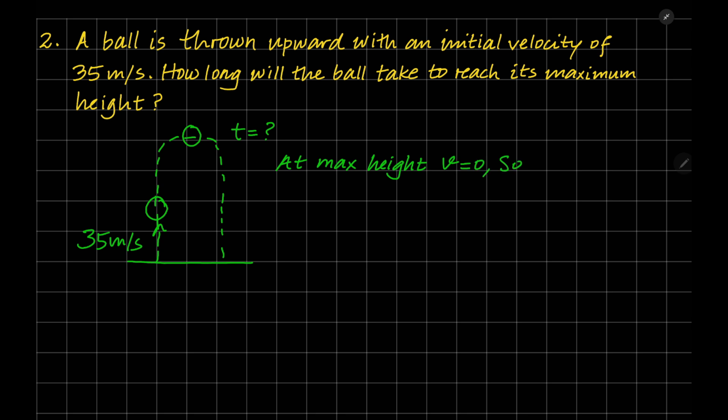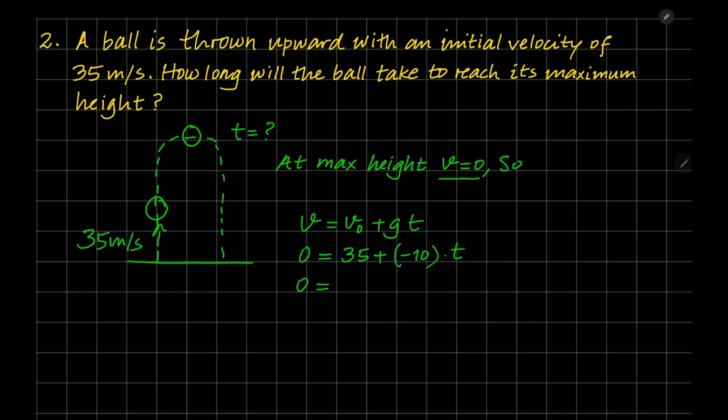And so, if we use the formula velocity equal to initial velocity plus g times t, since the velocity is equal to 0 at maximum height, 0 is equal to initial velocity 35 plus negative 10 times t.